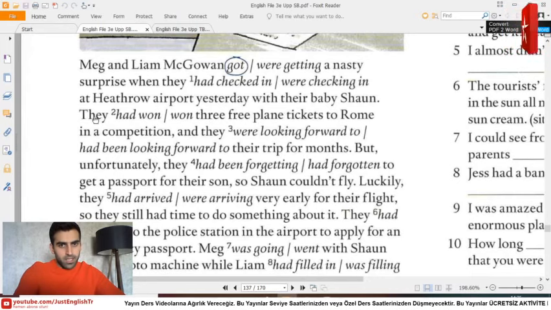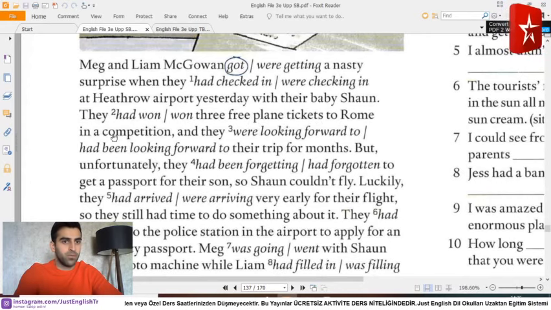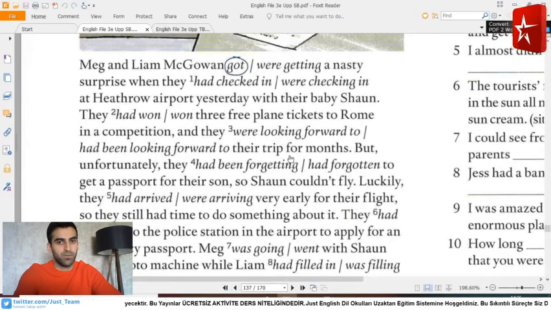The second sentence, we have two verbs here. They had won, past perfect, or just past simple. They had won 3 free plane tickets to Rome in a competition, and they were looking forward to, or they had been looking forward to their trip for months.